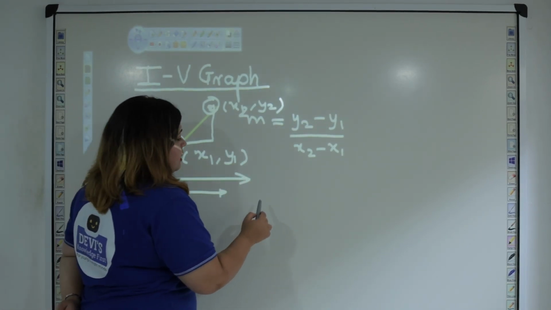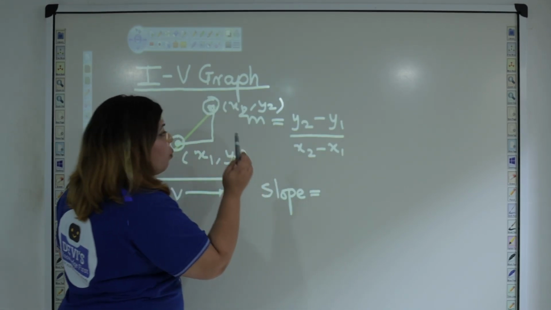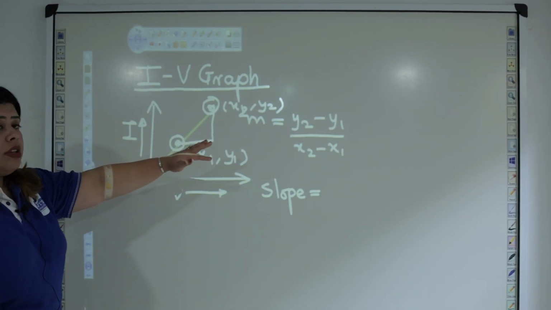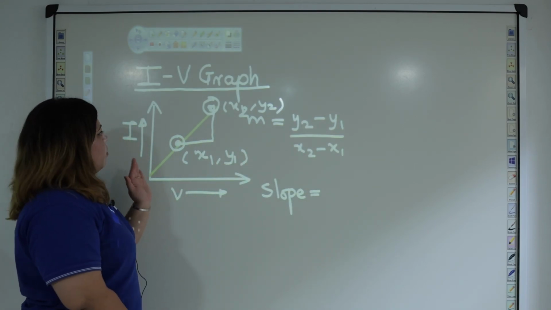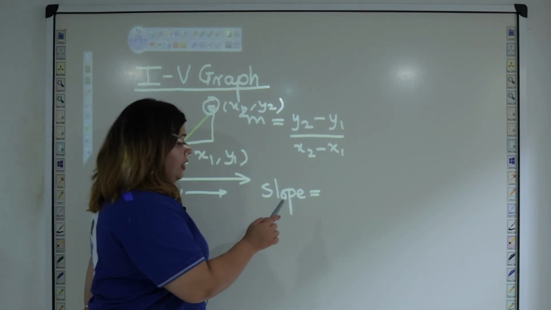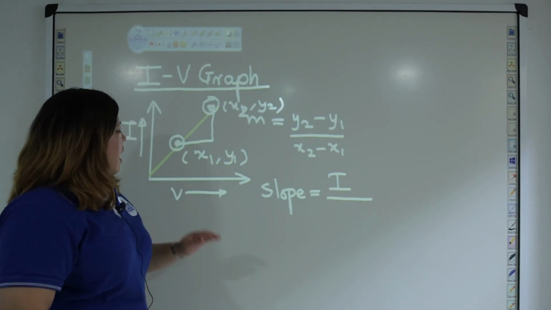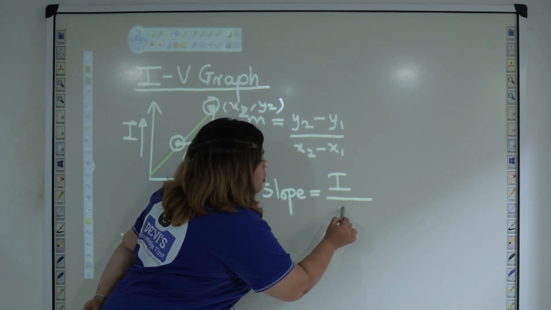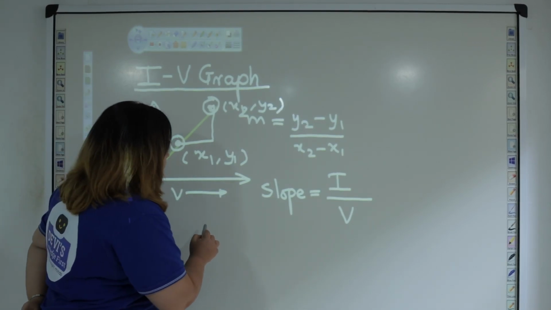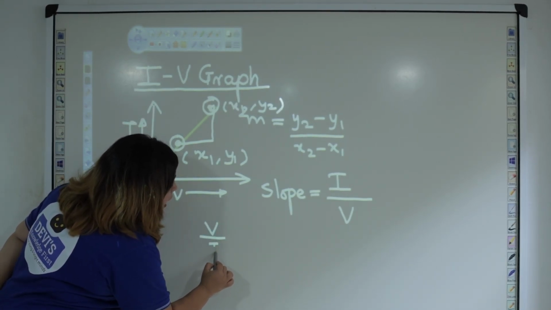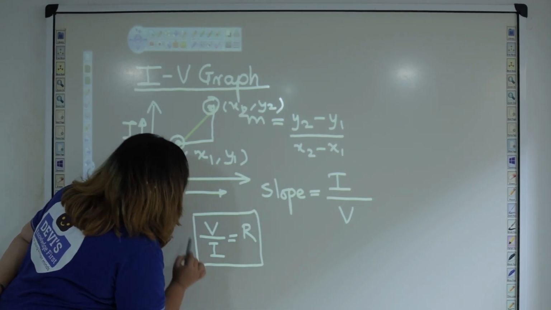Let's see. The slope has the y-axis on the top in the numerator, and in the denominator we have the x-axis. So what is there on the y-axis? It is current, so let me write I here, and on the x-axis we have voltage, so I'm going to write V here. What we learned earlier is that V by I is equal to R. This was our Ohm's law formula.